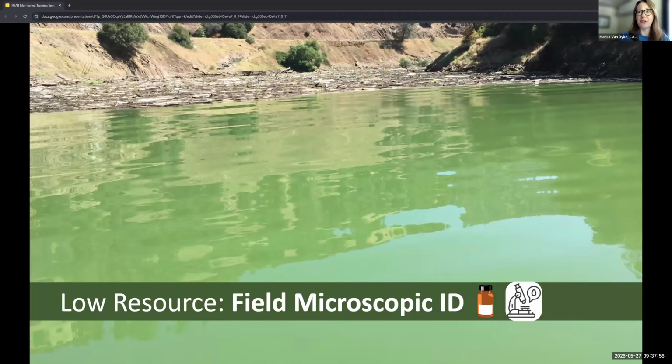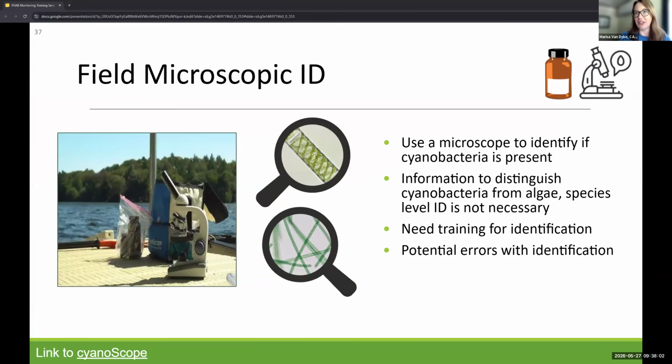All right. There's one last test that you can do, and that focuses on field microscopic identification. This is an optional approach. It uses more supplies, more equipment, and more staff expertise. If folks have experience using a microscope and want to learn how to distinguish cyanobacteria from algae under the scope, it's really useful.